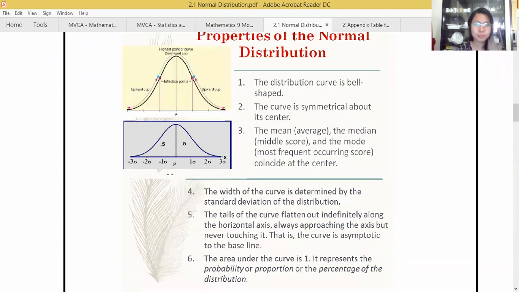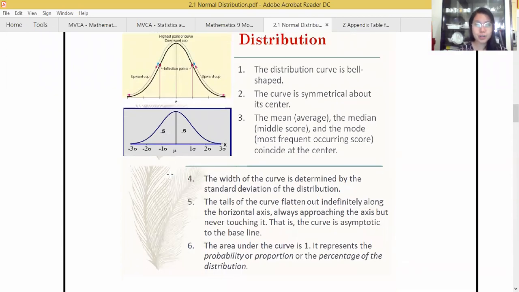Number 4, the width of a curve, whether it is flat or clustered, would depend on the standard deviation. You need to remember this word, standard deviation. It determines the spread of your curve. Next, number 5, the tails are asymptotic.